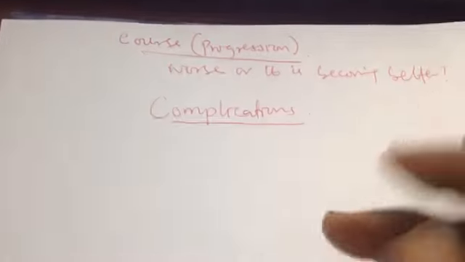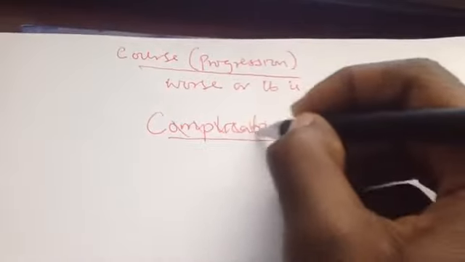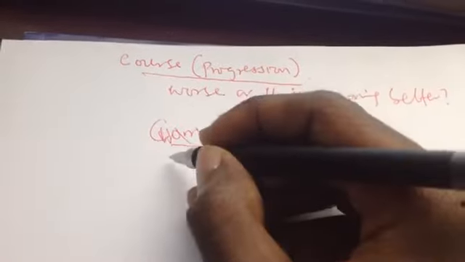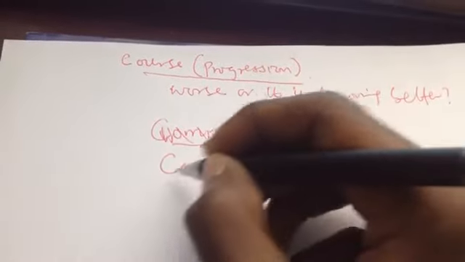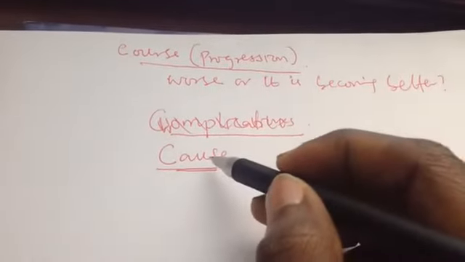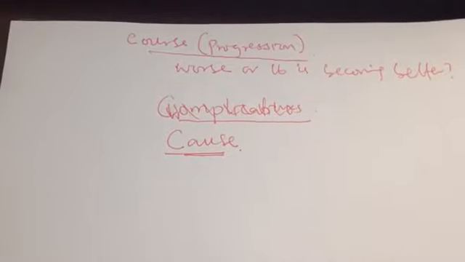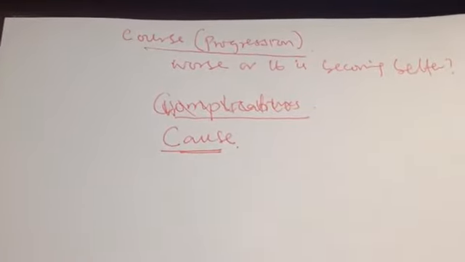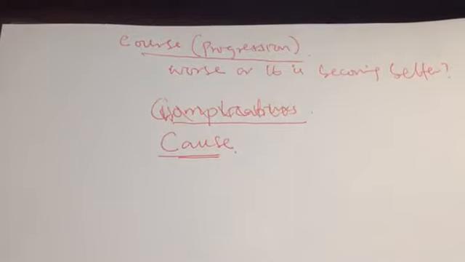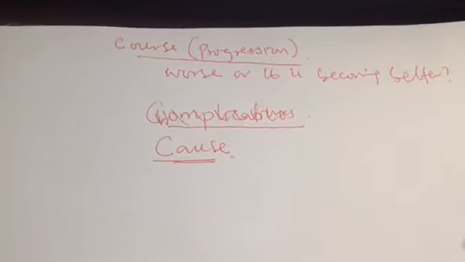Sorry, before you come to the complication, we have the cause. The complication is supposed to be at the part C. This cause, right from the beginning, he tells you that I am having cough, or I am having headache, or I am having chest pain. At the back of your mind, you as a doctor, you are thinking of some diseases that may cause that particular symptom in that particular patient.